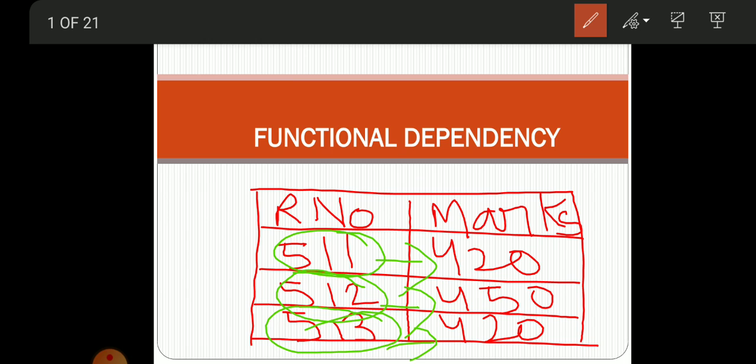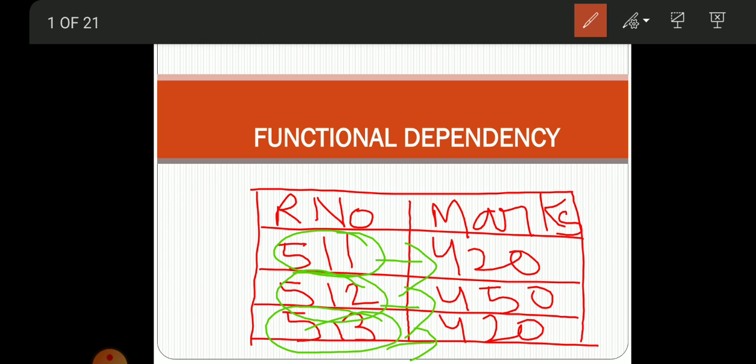So here we'll say that marks are dependent on roll number, or you can say marks are functionally dependent on roll number, right? Why? Because by entering the roll number we are getting our marks. So we can say that roll number can identify marks, right? So there is a functional dependency.